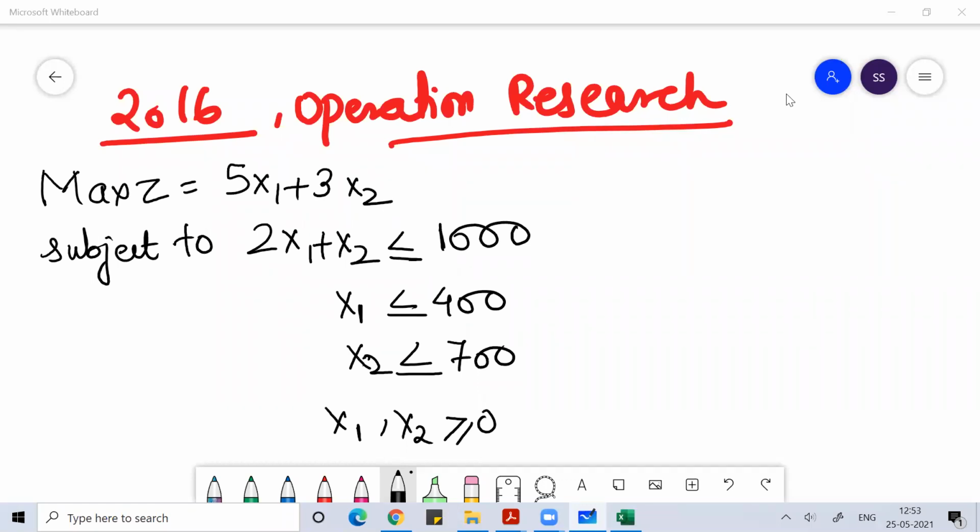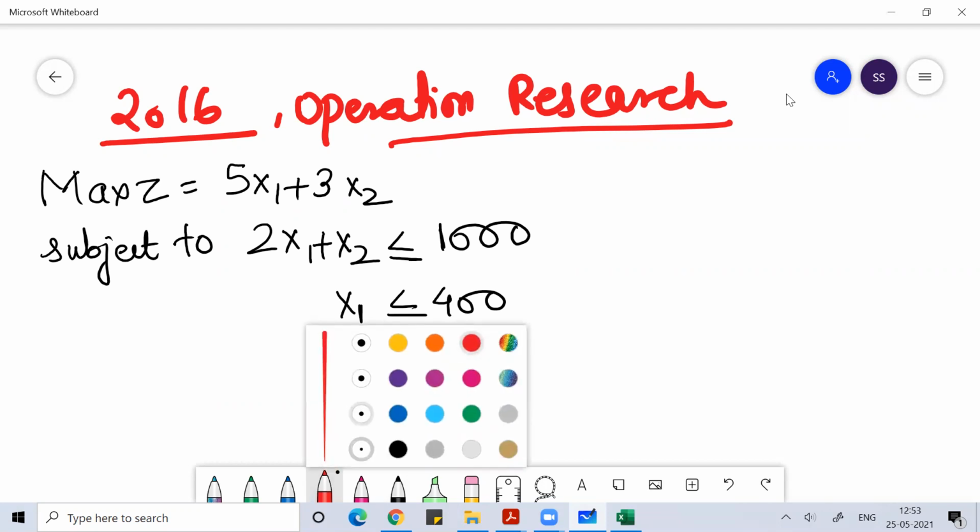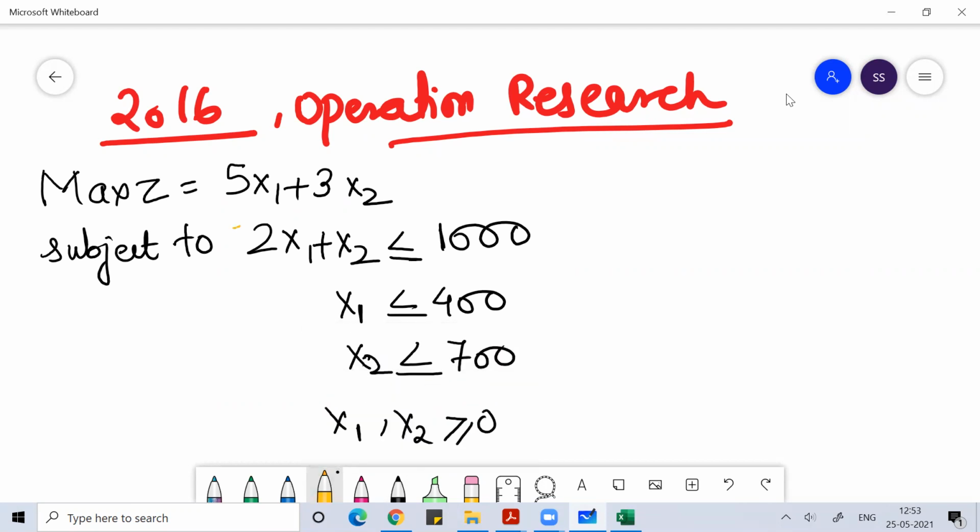So let's discuss this problem, which came in May 2016, based on the graphical method. I hope that if you've gone through my previous sessions on the graphical method, you know that the first thing we do while solving the problem is to convert the inequalities of the constraints into equality form.